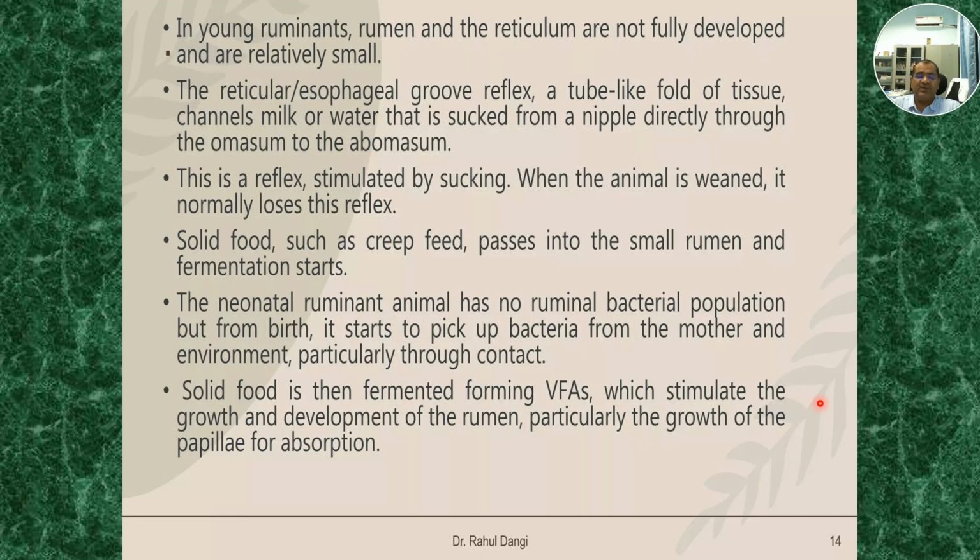Suppose a calf is in close proximity to the cow, then there is a chance that it gets the microbial population through the saliva of a licking animal. Hence, the solid feed is fermented to volatile fatty acids, which stimulate the growth and development of the rumen, particularly the growth of papillae for proper absorption. So this happens in several stages also.